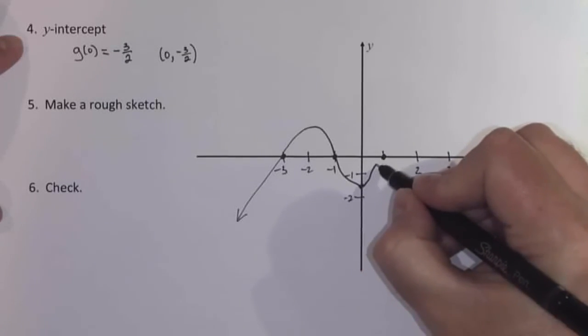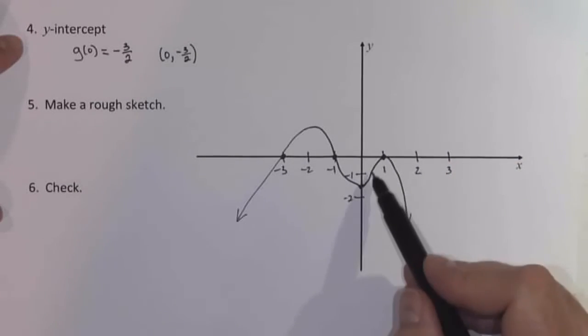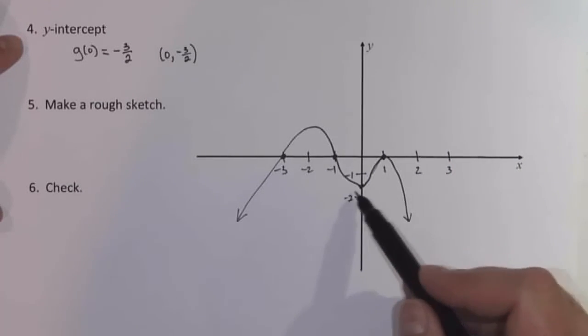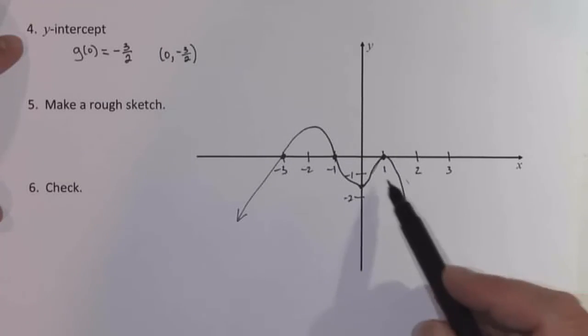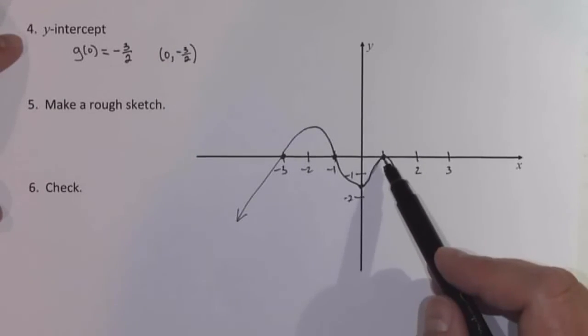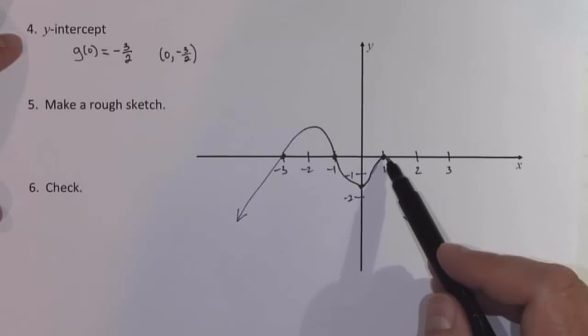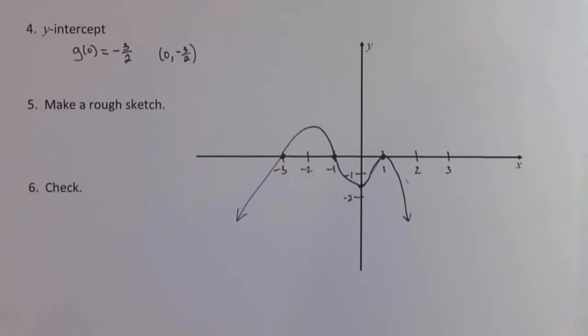So this is going to come back up, touch, and then come back down in order to be below the x-axis on the interval from -1 to 1 and to remain below the x-axis on the interval from 1 to infinity. And again, we're tangent at this point, which is an indicator from the fact that we have a multiplicity of 2. So this is a rough sketch of what our graph should look like.